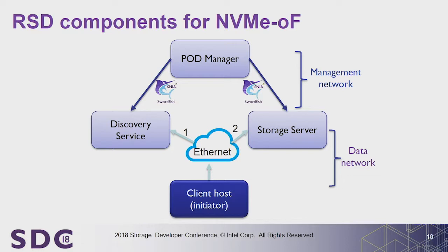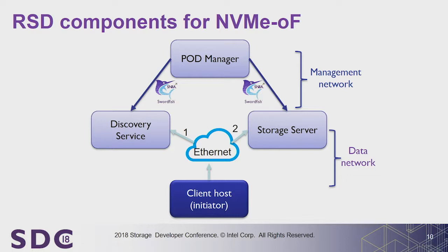And the pod manager does it in such a manner that when the request from the orchestration comes, hey, give me the compose node and assign an NVMe over Fabric volume, what the pod manager does at this moment is identify the hardware assets, and then it configures the storage server. It creates the volume, or it allows the user to create a volume.